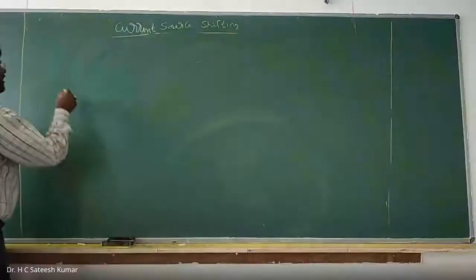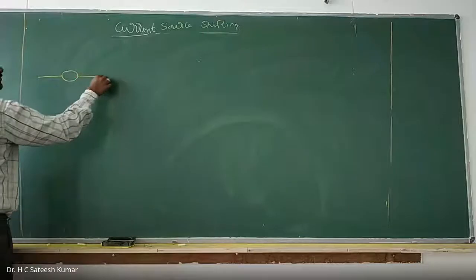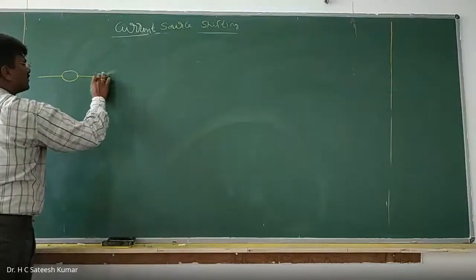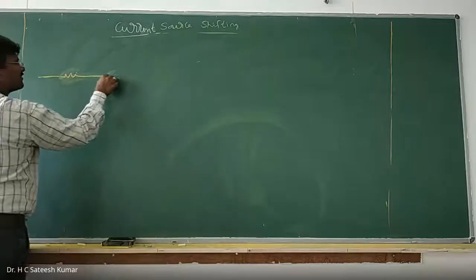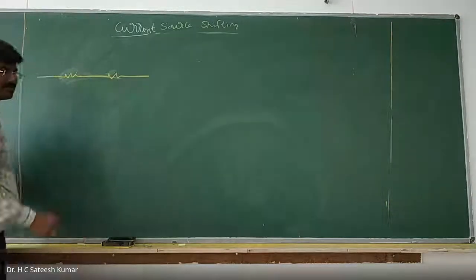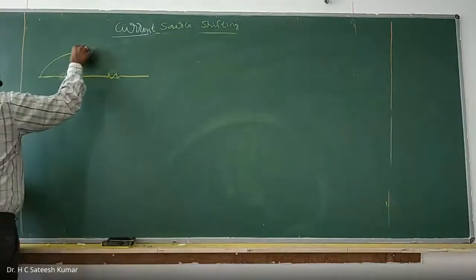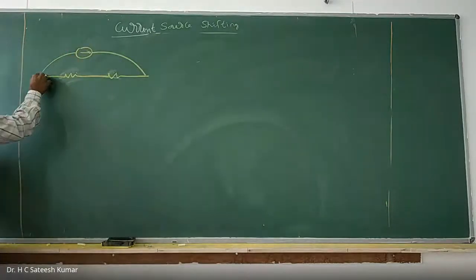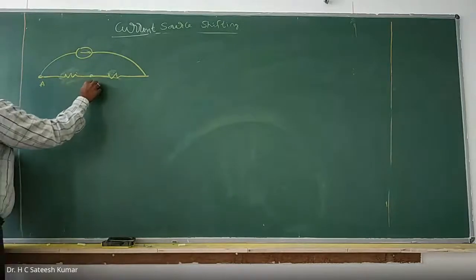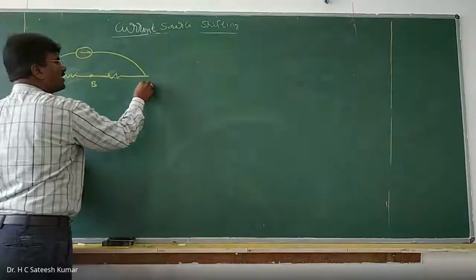Let us say I have a current source like this. One more current source. I have 2 resistors connected like this, and there is a current source of 10 amps like this. This point I will call A. This point I will call B. This point I will call C.